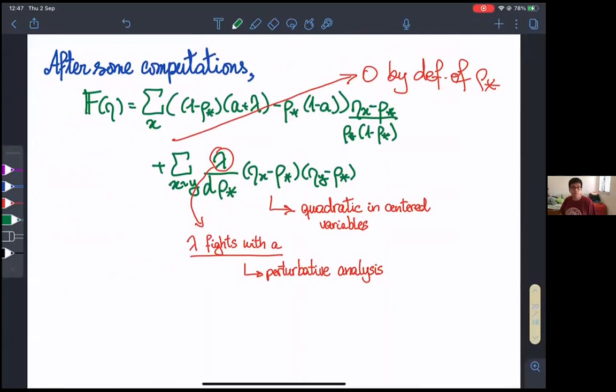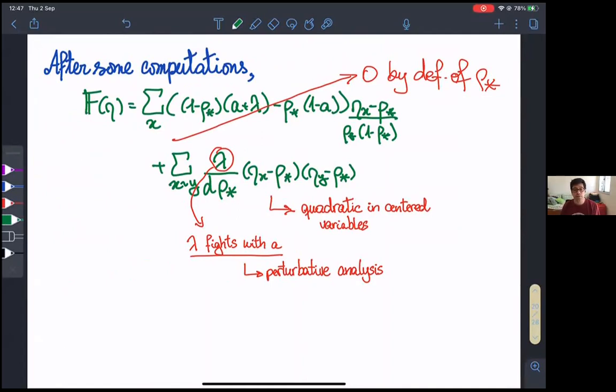It's always a mean zero function, so it means that you can always write it as a function of centered variables. Also notice that the reaction terms, the nucleation terms, all these guys are polynomials in the variables eta x, and they are second order polynomials, so polynomials of degree 2.